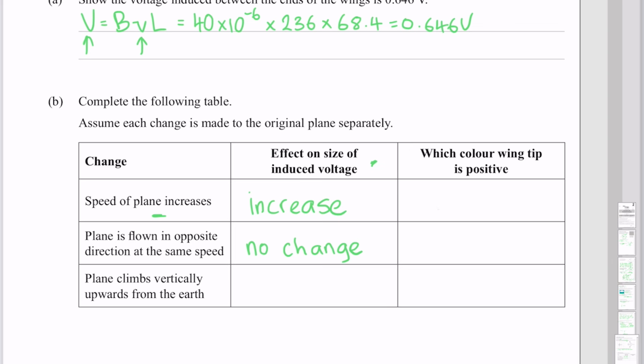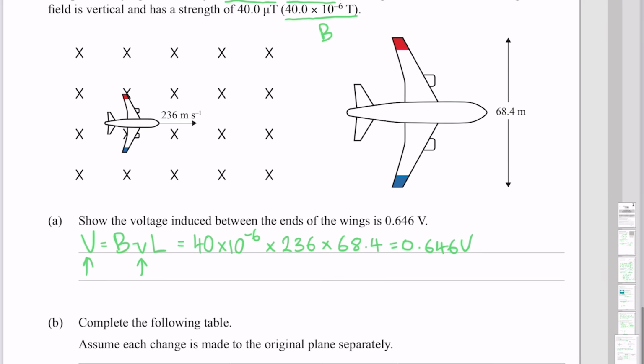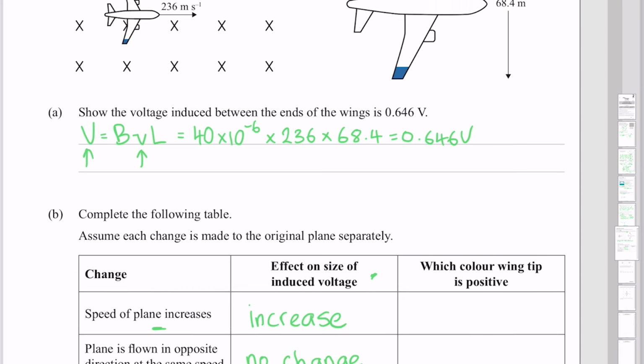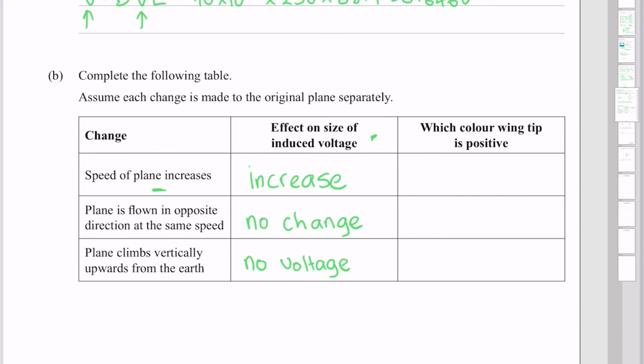And if the plane climbs vertically upwards from the Earth, which I'm not sure how realistic that scenario is, because the velocity of the plane is in the same direction as the field lines, we're going to see no voltage induced. You might recall that the maximum effect takes place when the velocity and the field are at right angles, 90 degrees, and you get no effect if they're at 0 degrees, or parallel, or in the same direction, in other words.